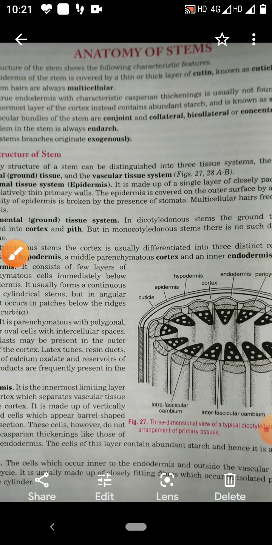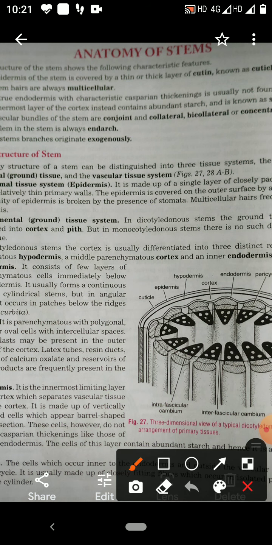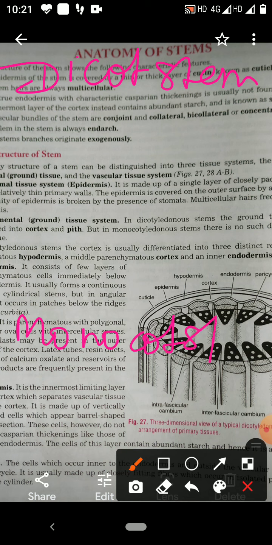Now children, you have to study the anatomy of dicot stem and monocot stem. So what is the difference between dicot stem and monocot stem? In the dicot stem, in the cortex, hypodermis is present just after the epidermis, which is made up of collenchyma.